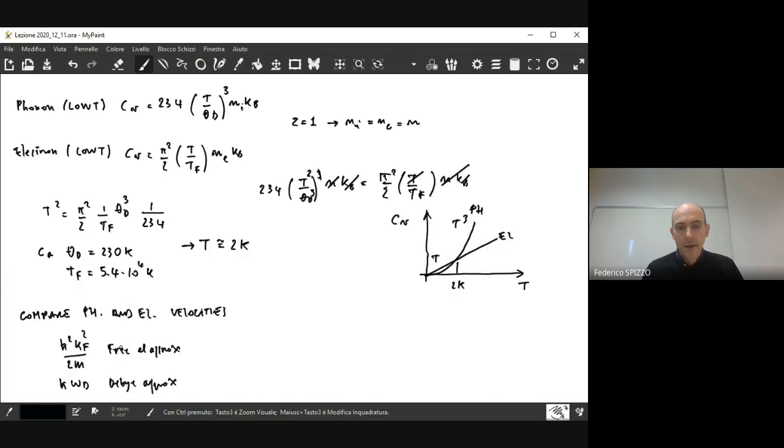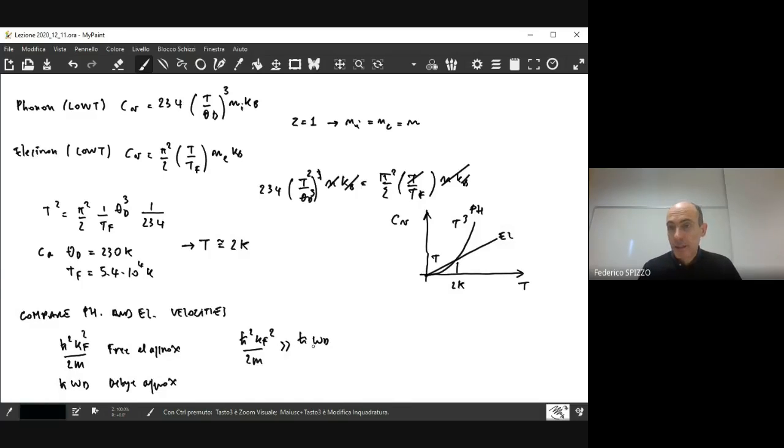So using the free electron approximation for the electrons and the Debye approximation for the phonons, we may say that h bar squared kf squared divided by twice the electronic mass is larger and larger with respect to h bar omega d.